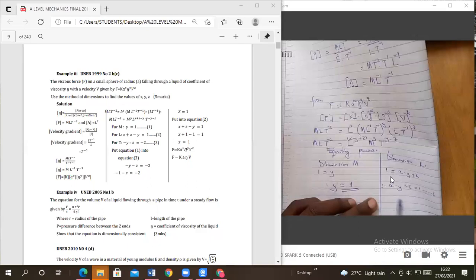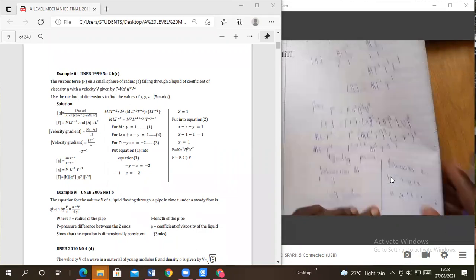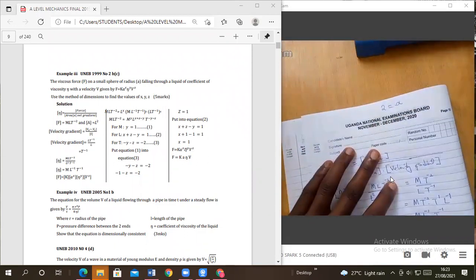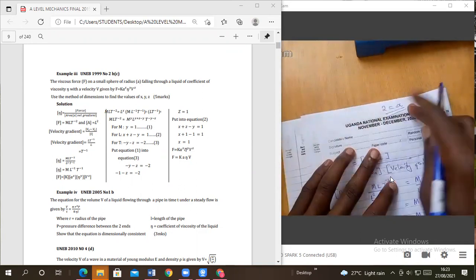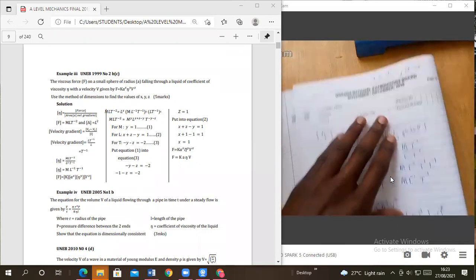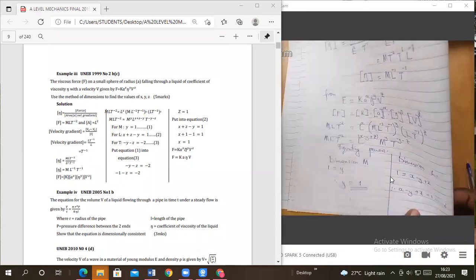Someone may ask, why are we leaving it like this? Whenever you are solving any equation, the unknown must be on the left-hand side. 1 can never be equal to X minus Y plus Z, but the unknown must be equal to something. You cannot tell me 2 is equal to X. Mathematically that is wrong. 2 cannot be equal to X, but X can be equal to 2. Take note of that. That's why I'm readjusting this equation to make it like that.